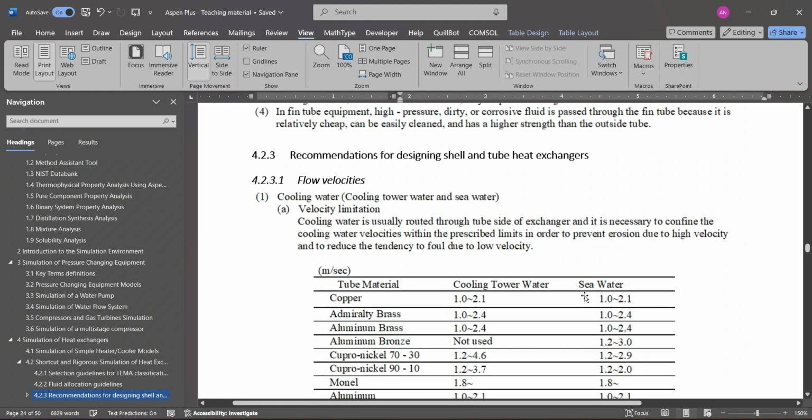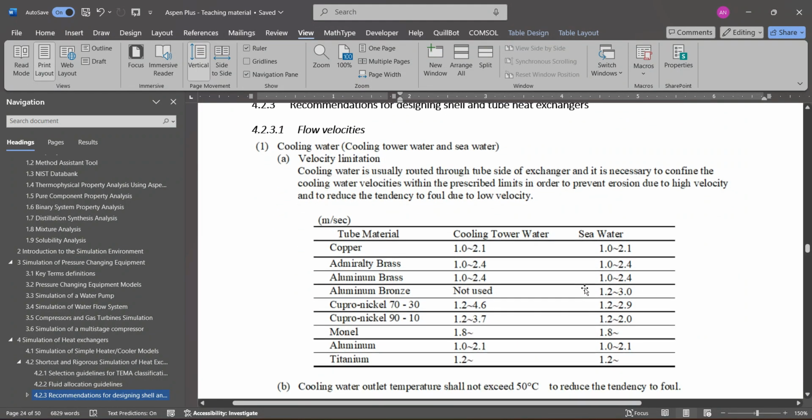Then there are some recommendations while dealing with the sizing of the heat exchanger. One of them is the velocity of the fluid. Sometimes we prefer to deal with the kinetic head rather than the velocity, or sometimes we simply take the velocity of the fluid.